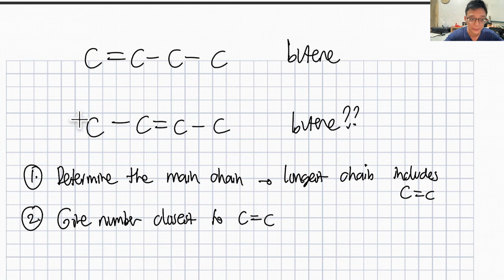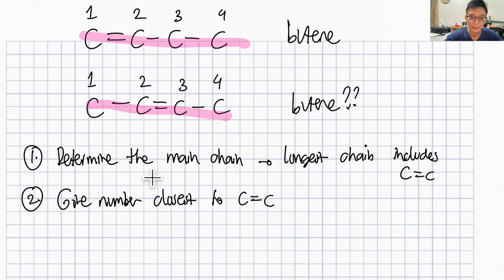For example, in the first drawing, let's give numbers starting from the carbon closest to the double bond. I think this should be 1, 2, 3, and 4. For the second one, it should also be 1, 2, 3, and 4.